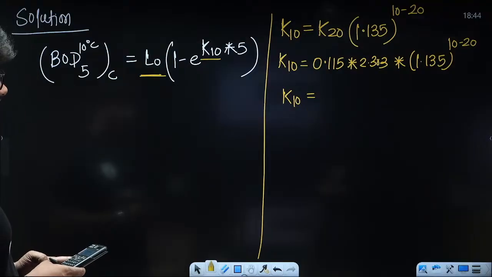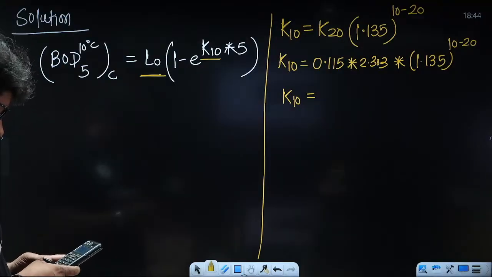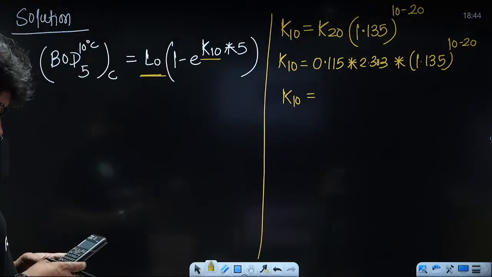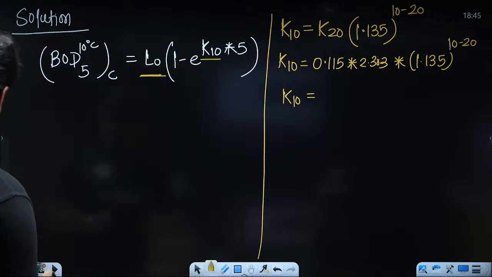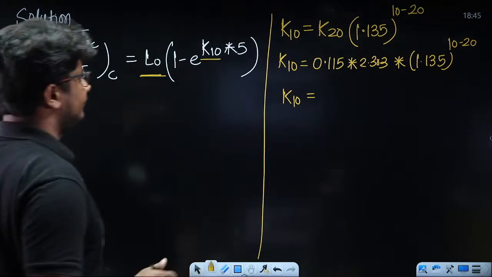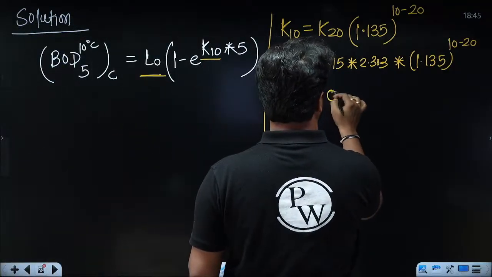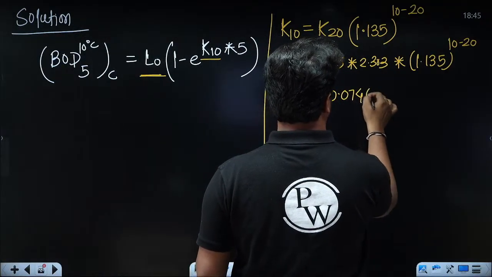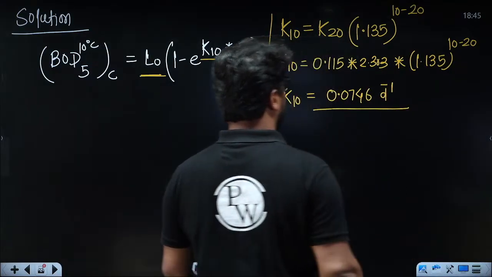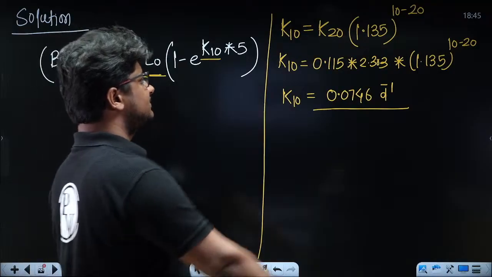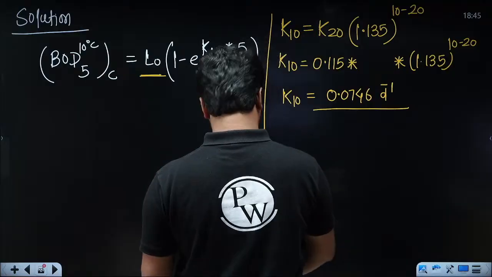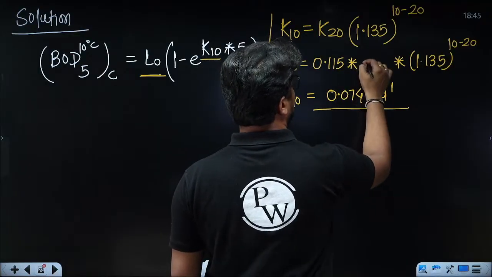Let's see whether your answer and my answer are matching or not. So K10 is 0.0746 per day.